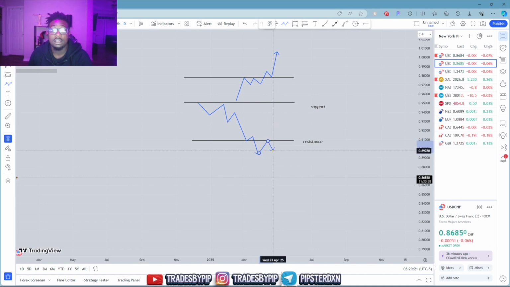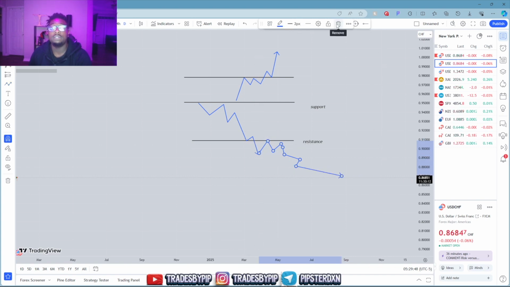But as you can see, price would come up here, fail to break, continue making lower highs, and then continue to sell down, confirming that this level of support is now a level of resistance. When buyers were waiting to push price up, they weren't strong enough compared to the sellers, which is why the sellers ended up breaking this level and continuing.